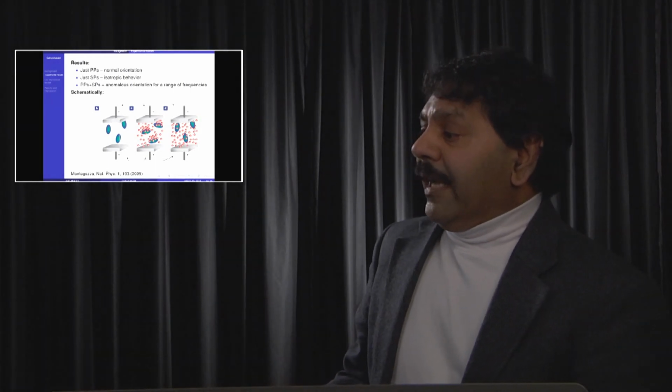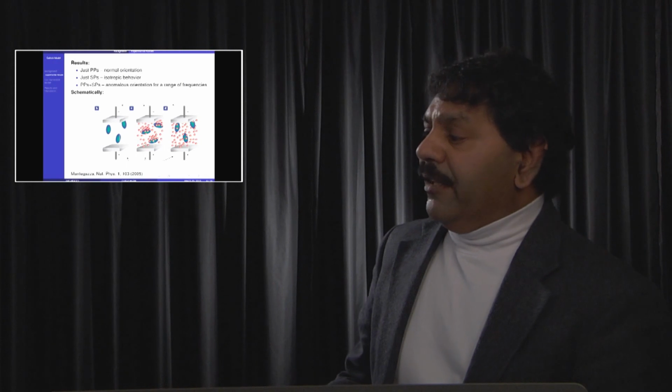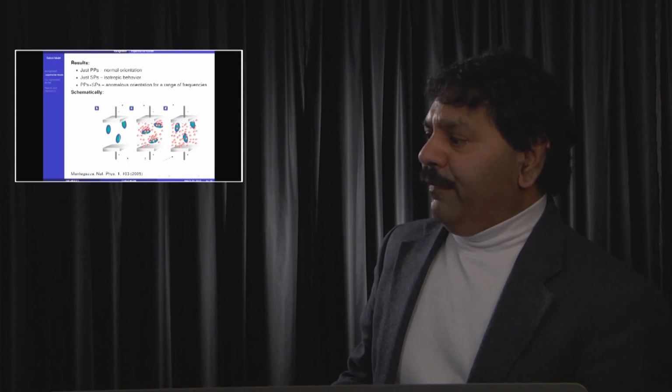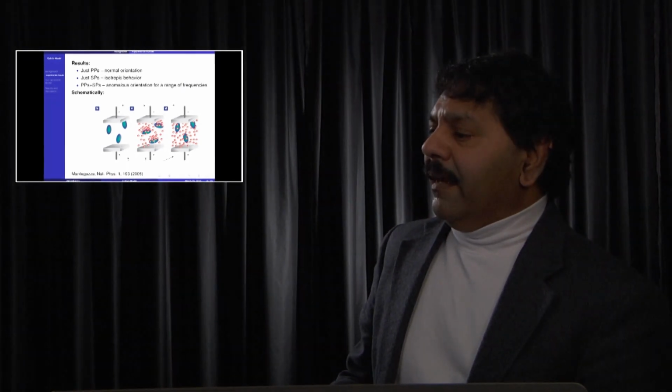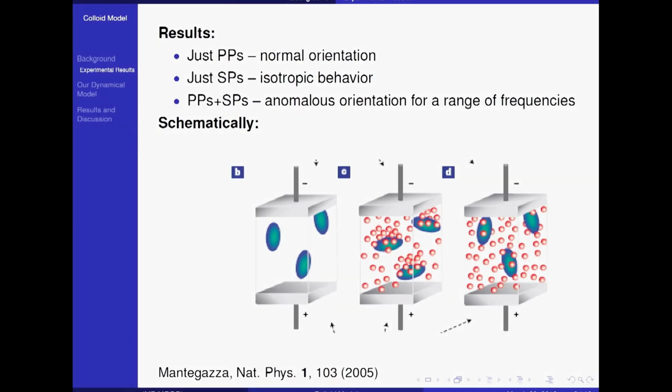If you put them both together, there are some frequencies and some range of field strengths for which they line up just like they did before. So here you can see, with or without the secondary particles, they have the same behavior. However, the interesting part of the anomalous orientation is when you see this: the field is pointing this way, this is where it wants to line up, and the rods actually line up in a direction that's perpendicular.